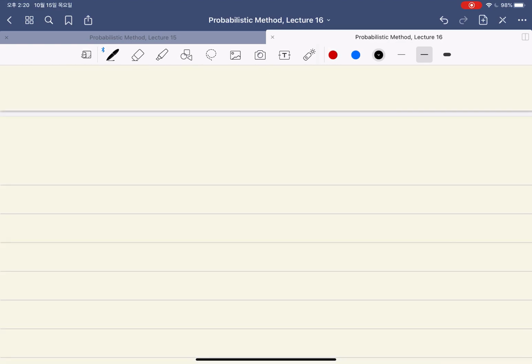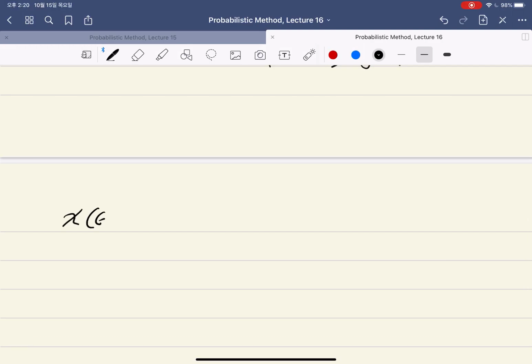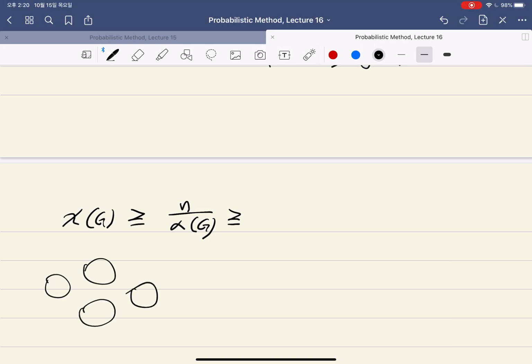Then the lower bound is easy because we know that the chromatic number is lower bounded by n over the independence number. Because if you have a graph G, you want to partition it into chi many independent sets, and each independent set has size at most alpha, and all of them together have n vertices.